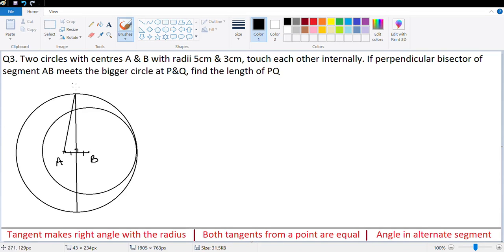So this is P and this is Q. We need to find the length of PQ.